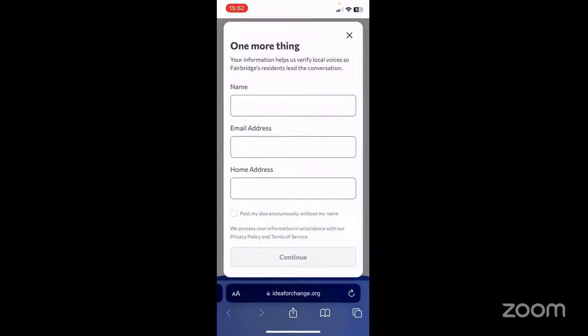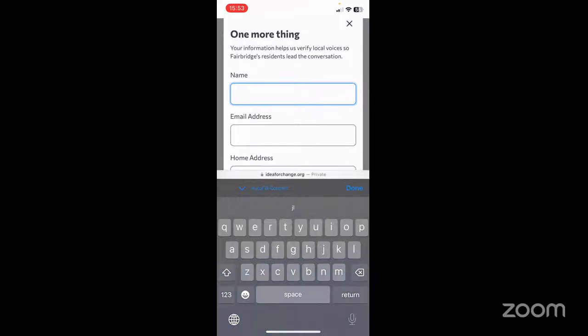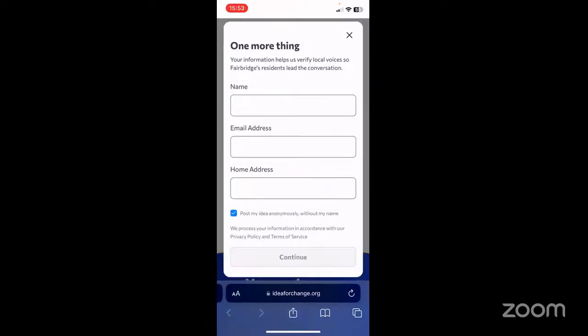So I'm confused if I need to enter my name if I wanted to post it anonymously and all the other information because I see the continue button doesn't change color.